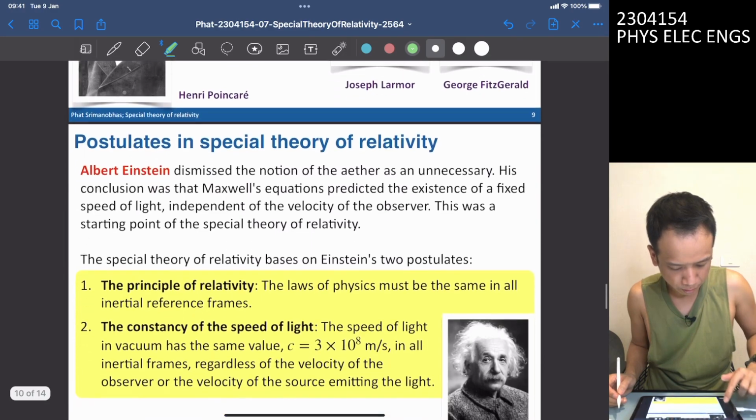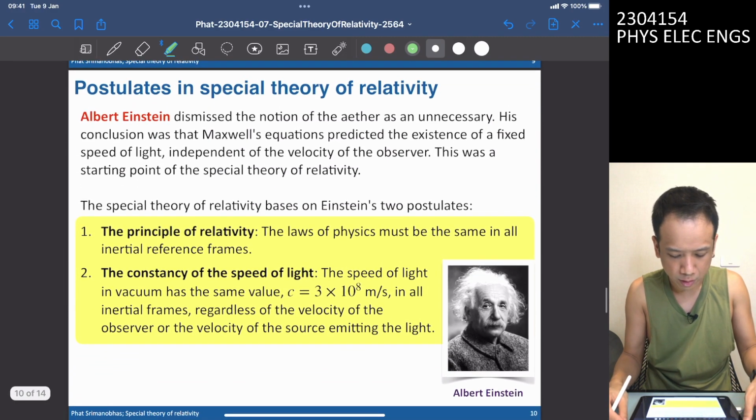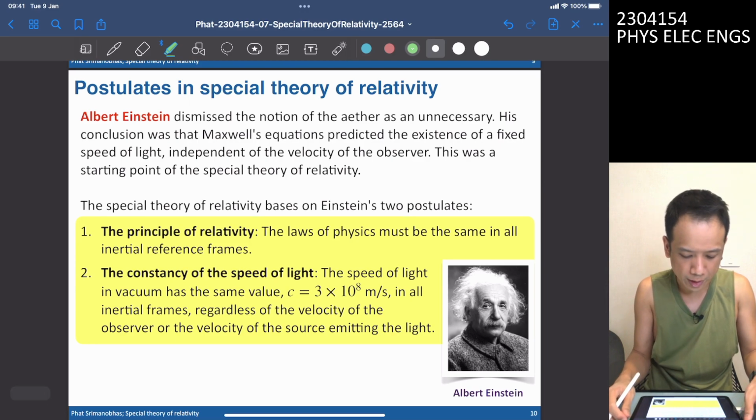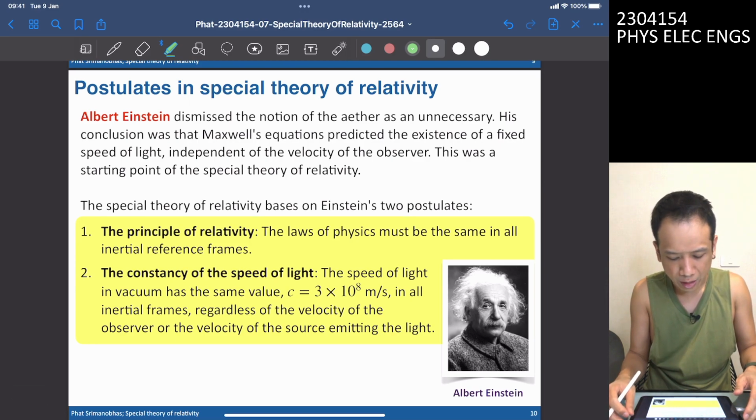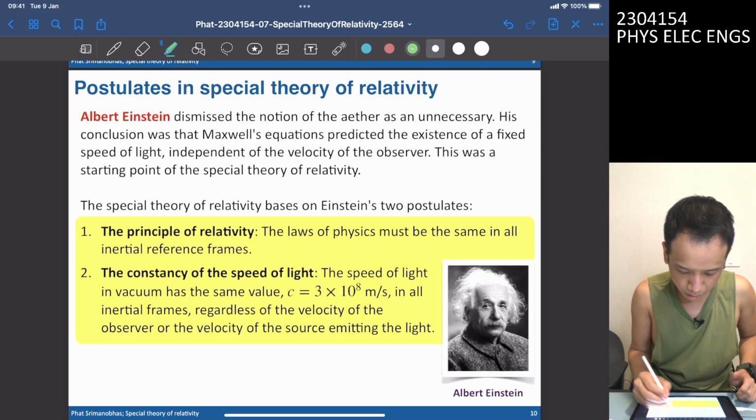So let's go next: the postulates of the special theory of relativity. When Einstein came, he said that, in the end, the ether is not a necessary thing.